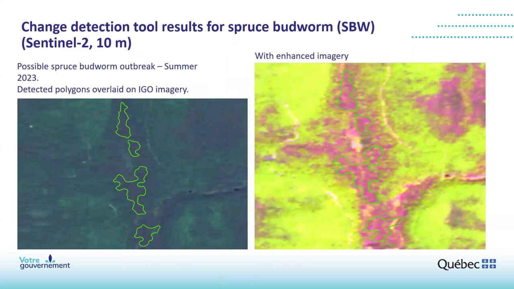Also, another small example of what we can detect from spruce budworm. This is not a tool to detect this. Internally, we have another tool to detect specifically this type of disturbance.